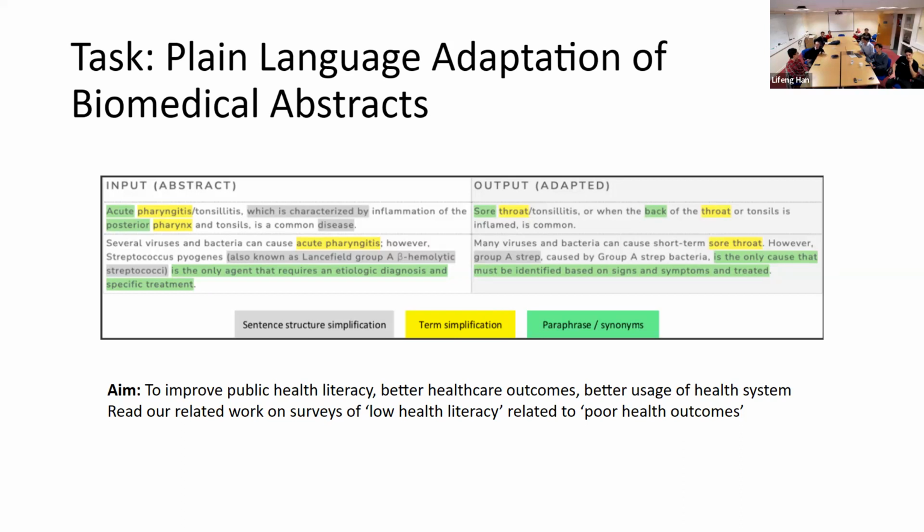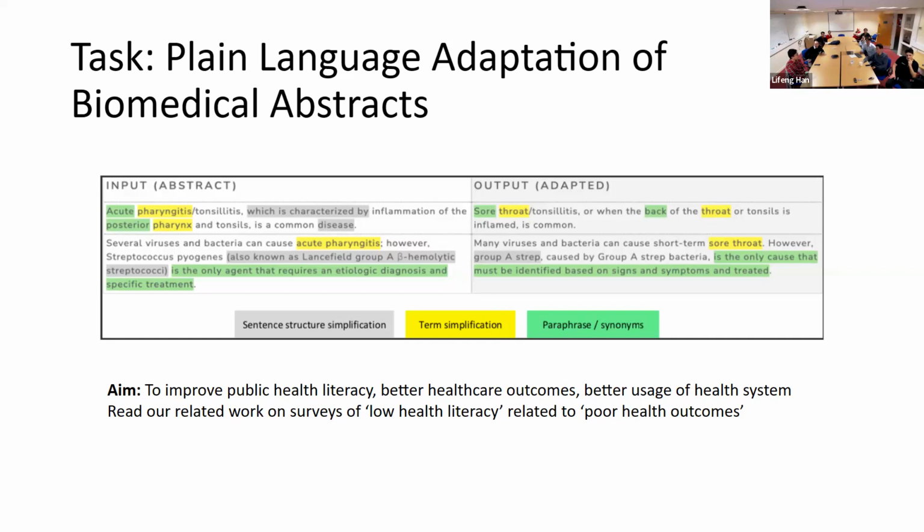I will read the full one and then tell you what we removed. Several viruses and bacteria can cause acute pharyngitis. However, Streptococcus pyogenes, also known as Lancefield group A beta-hemolytic streptococci, is the only agent that requires an etiologic diagnosis and specific treatment.